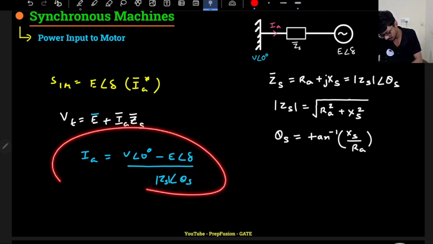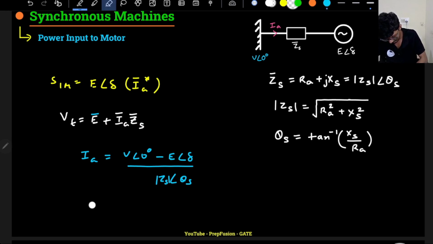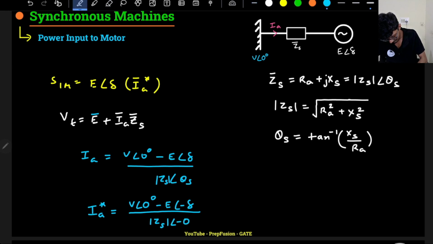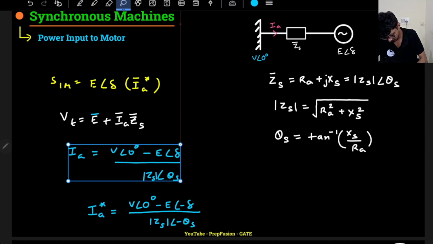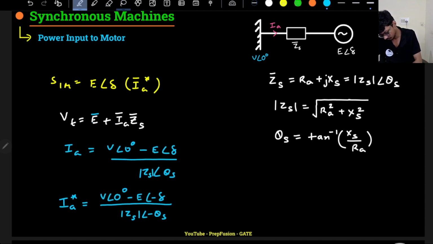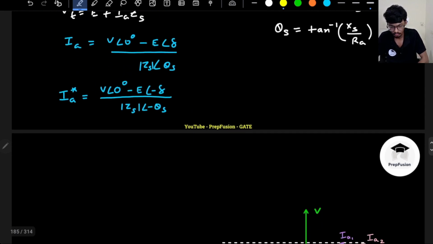Now what is my I_A conjugate? My I_A conjugate is V∠0 degrees minus E∠−δ, divided by the magnitude of Z_S ∠−θ_s.